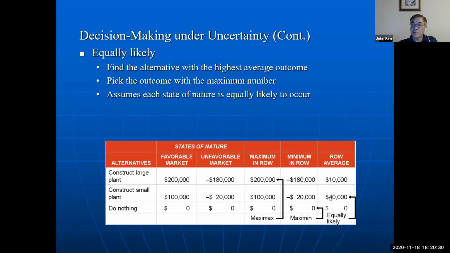And for the second option, the average is 40,000, and 0 for the third. Among them, take the maximum. So that is the equally likely decision-making method.